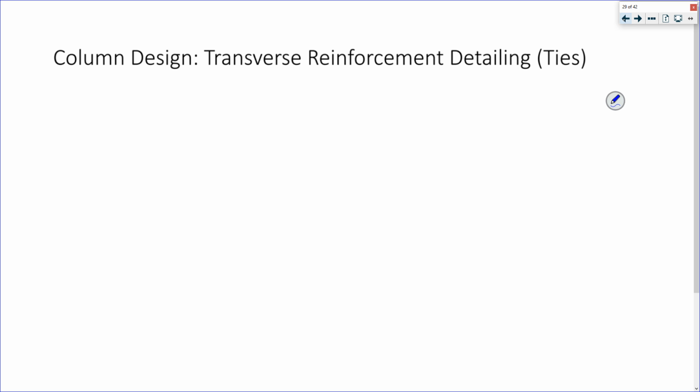So in terms of the transverse reinforcement, that was the longitudinal, right? That provides our axial capacity and our moment capacity. Ties: the reasons for ties in columns. To prevent the buckling of the longitudinal reinforcement.